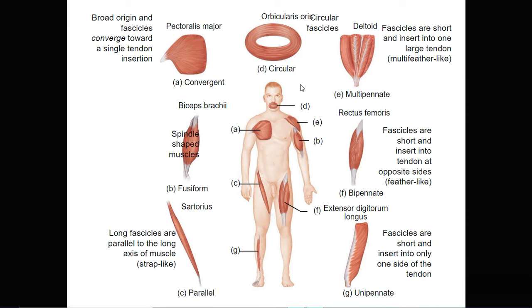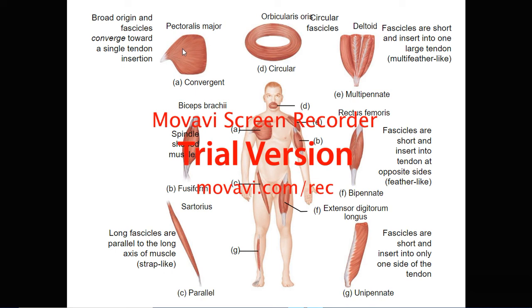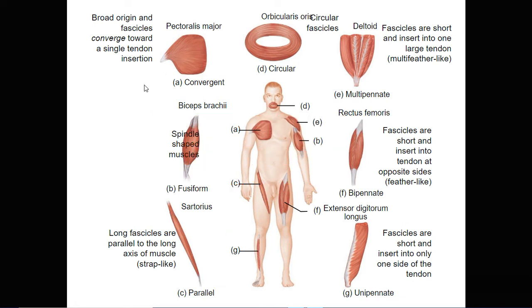Such a muscle is triangular or fan shaped, like the pectoralis major muscle. You see how it's fan shaped, has a broad origin, and the fascicles are converging toward a single tendon of insertion.